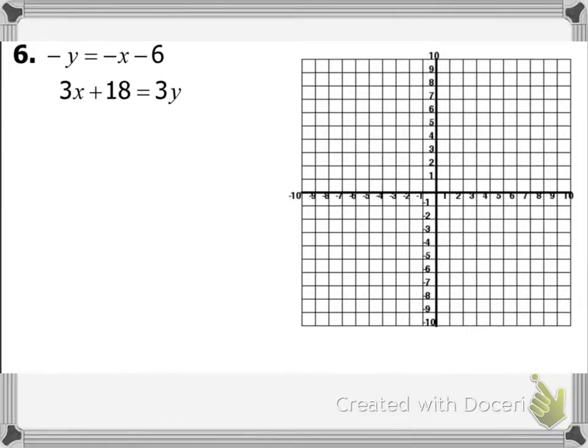Solve each of these for y. How do I get y by itself on the top equation? You've got to divide by negative 1. Very good. So I'm dividing everything by negative 1. So I get y equals x plus 6.